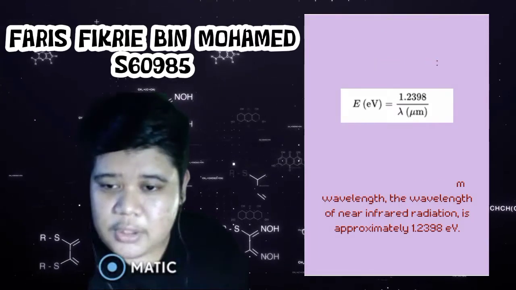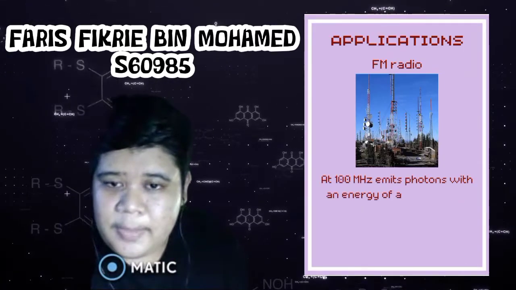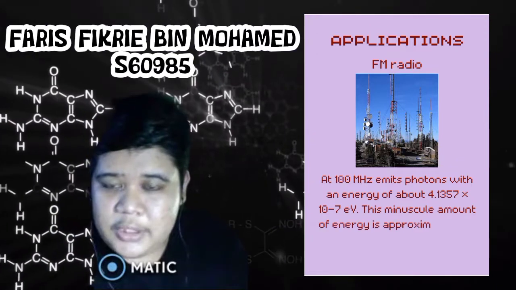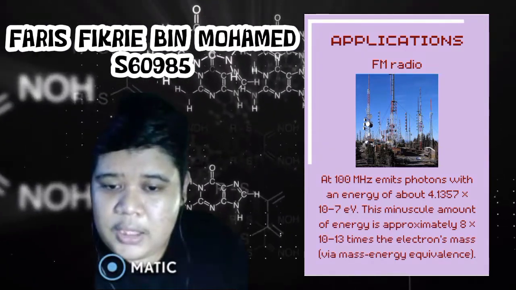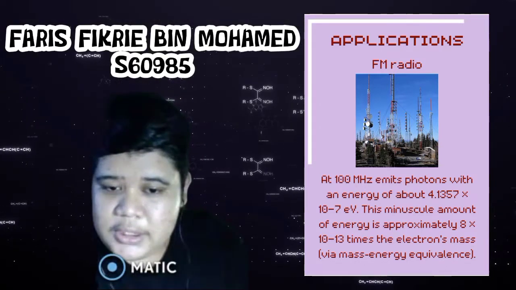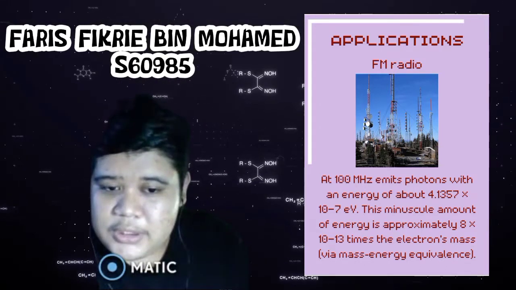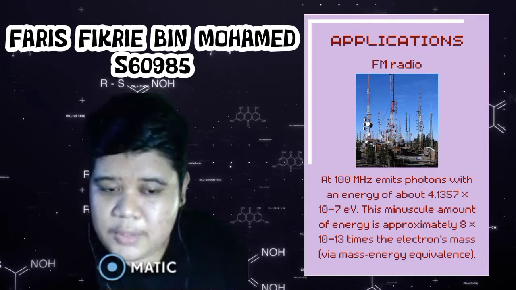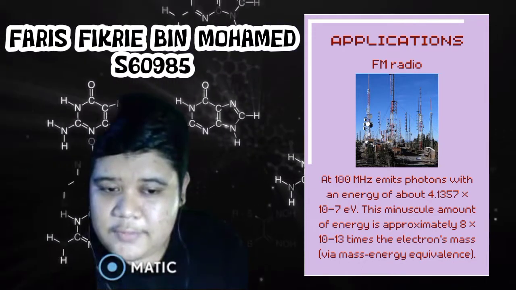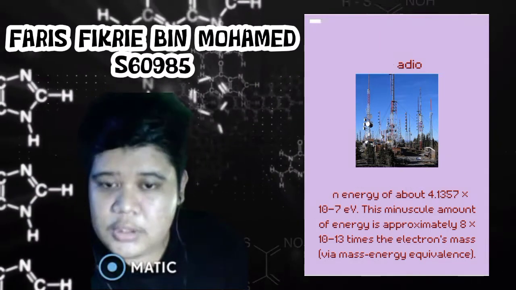The applications of photon energy are as follows. The first is frequency modulation radio. At 100 MHz, it emits photons with an energy of about 4.1357 multiplied by 10 to the power of -7 electron volts.